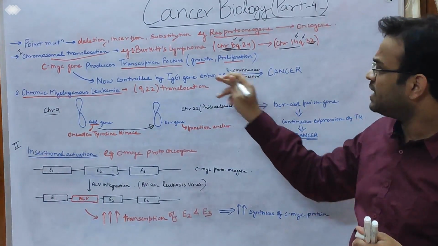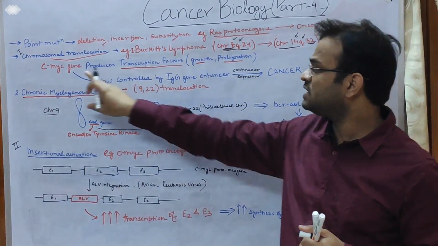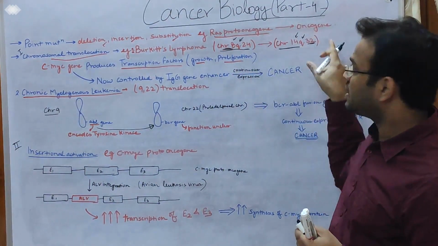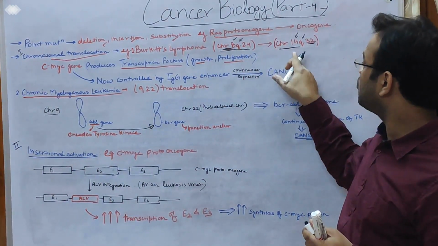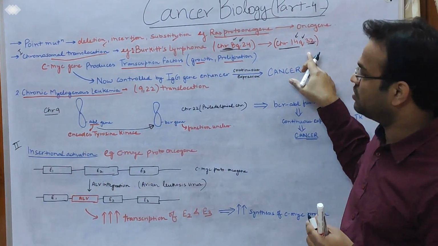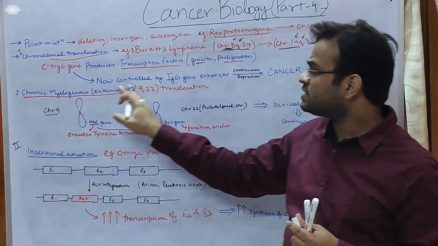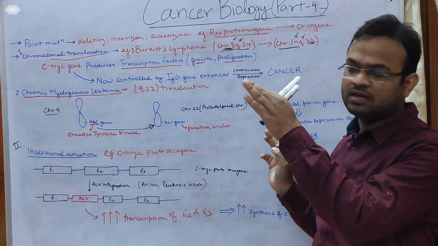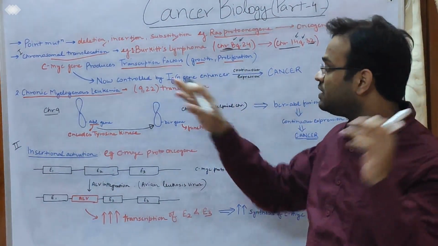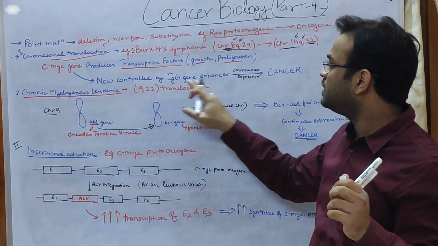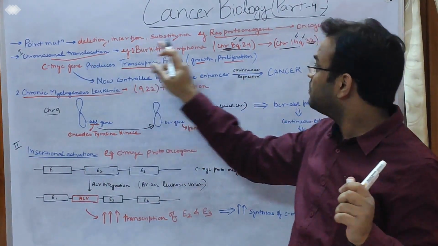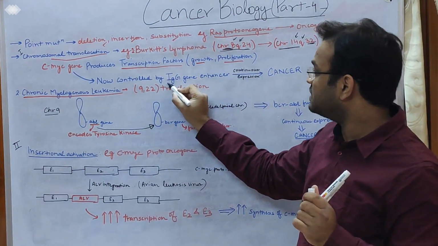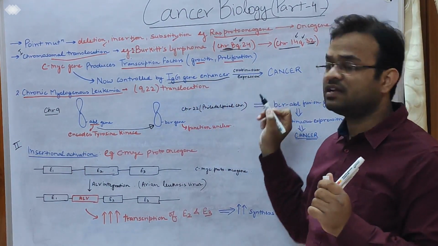So in case of Burkitt's lymphoma, what happens? This c-MYC gene present on chromosome number 8, Q24 position, is translocated, is moved to chromosome number 14, Q32 position. Okay, so previously the c-MYC gene was being controlled by a different enhancer, but now after translocation this c-MYC gene moves to a different position and is now in control of a different enhancer, that is the IgG gene enhancer.